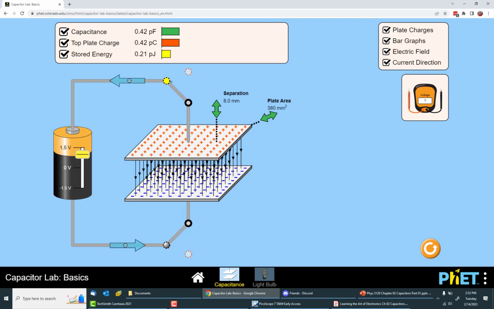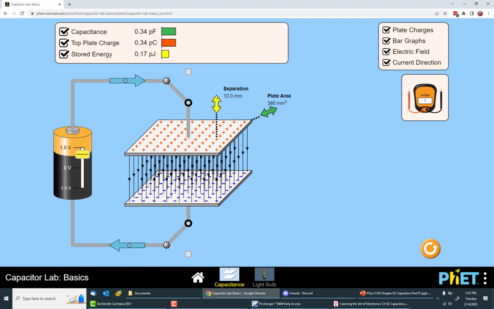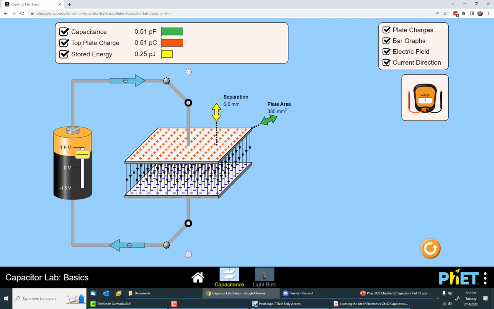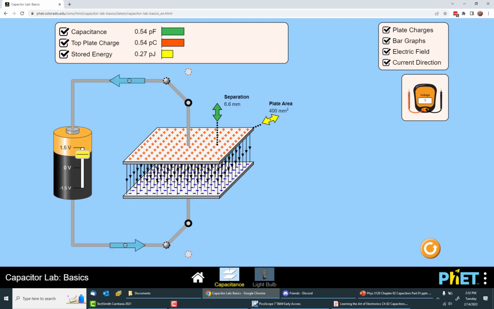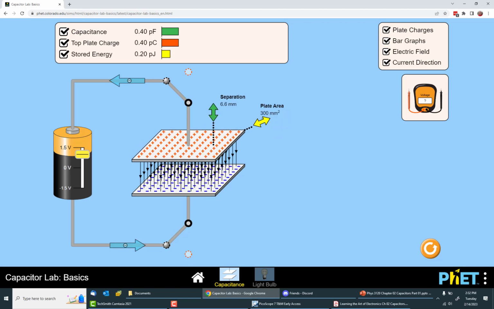Now if I switch it back, so what happens is with no battery, Q is a constant. With the battery, V is a constant. And that's not a big deal for us. That's more of a big deal for solving problems in Physics 2200. But definitely you should play with this.